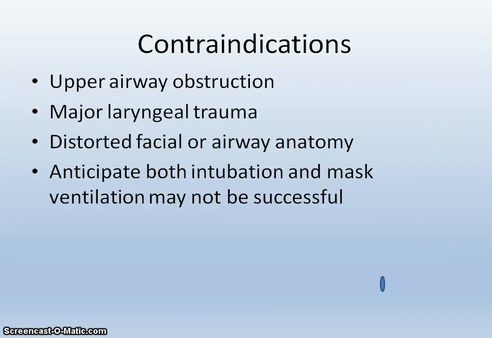Someone having a major laryngeal trauma that blocks or distorts the airway is also a real contraindication for intubation. When there is a contraindication for direct laryngoscopy, other alternatives should be sought or put on standby in case it fails.